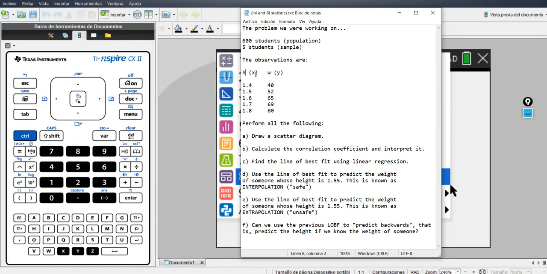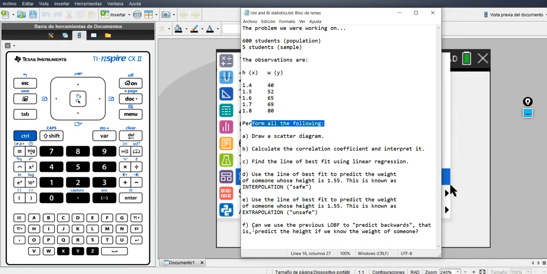So I'm gonna make that consideration. For us, the height is the quote-unquote x, or the independent variable, and the weight is the quote-unquote y, or the dependent variable.